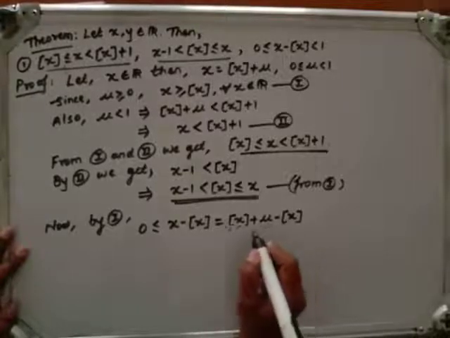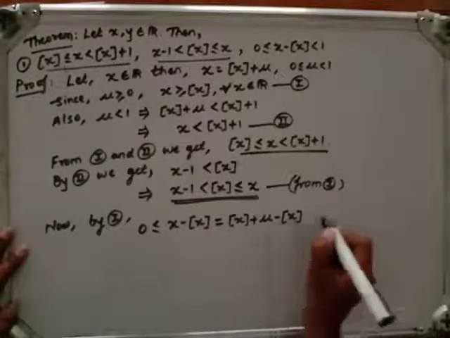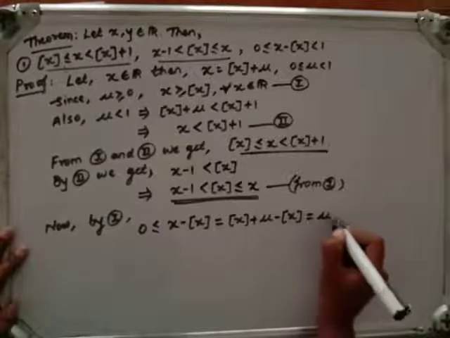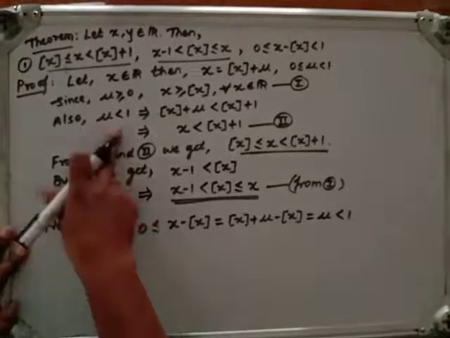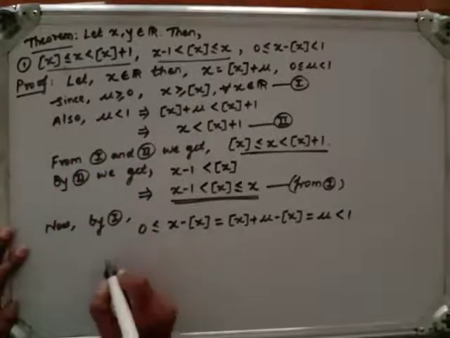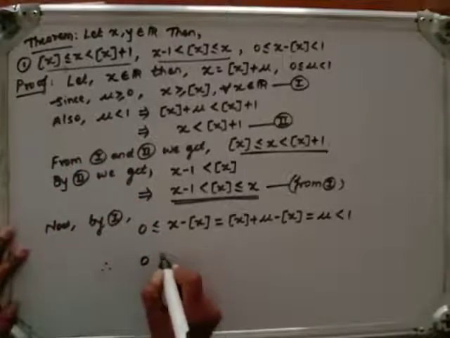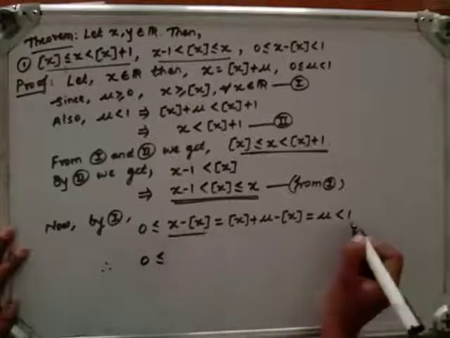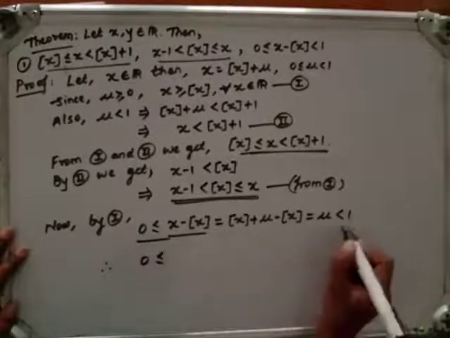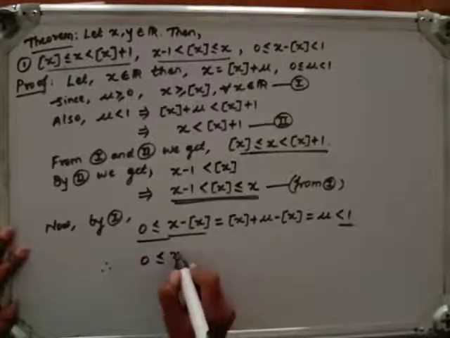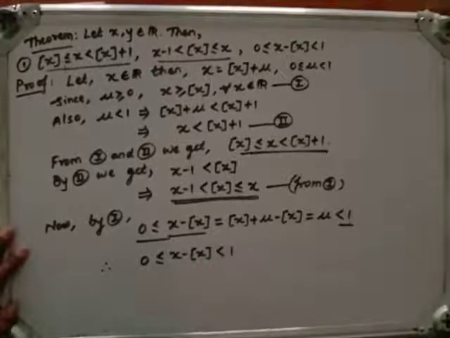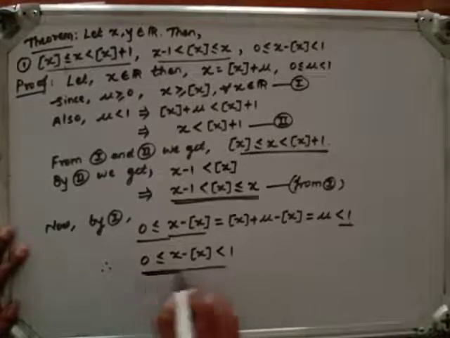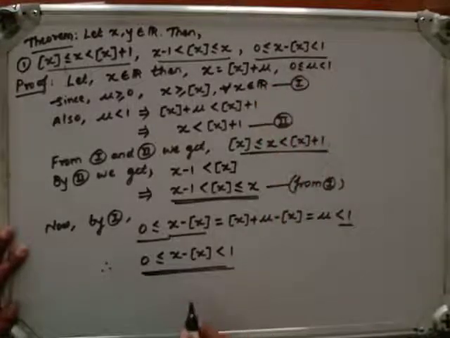So this is equivalent to mu, which is less than 1. Therefore we get 0 less than or equal to x minus the greatest integer function, which is less than 1. That is our third part, which we have proved in this first property.